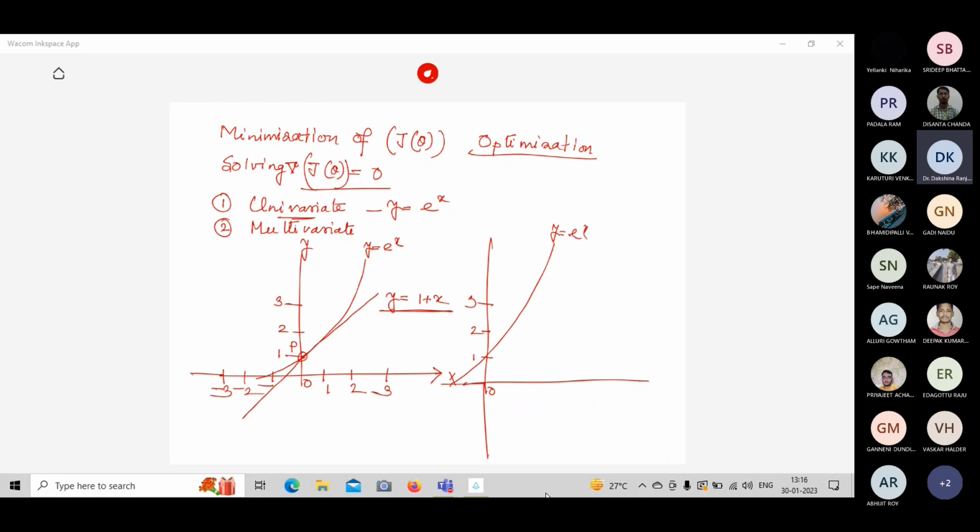The approximation is a quadratic equation, which may be y equals 1 plus x plus half of x square. With this quadratic equation, we can approximate the function y equals e to the power x.